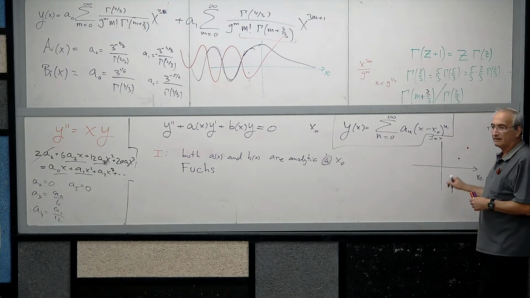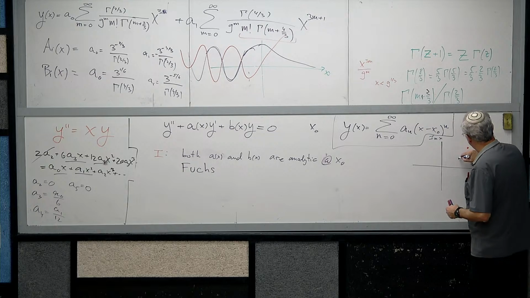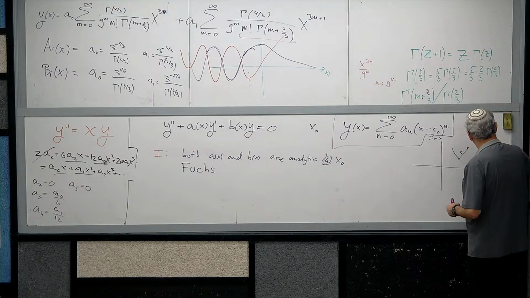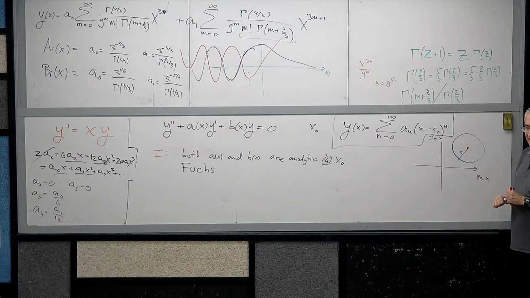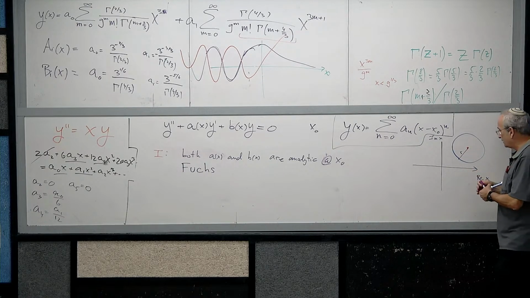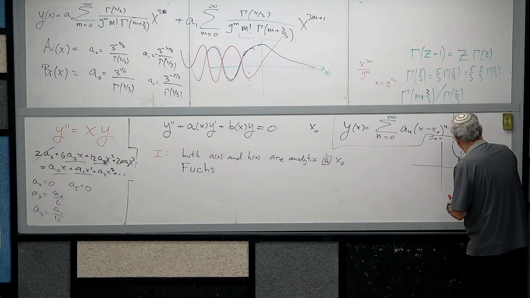If this is the closest singular point, draw a circle with a radius that is exactly the distance between this point and the closest singular point.